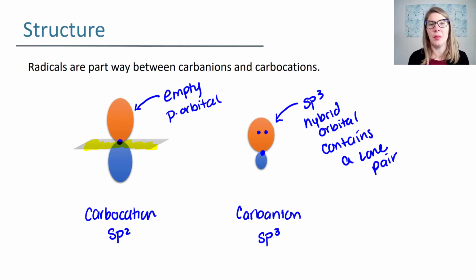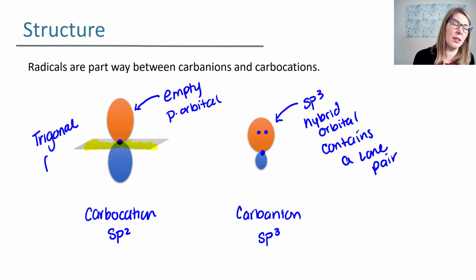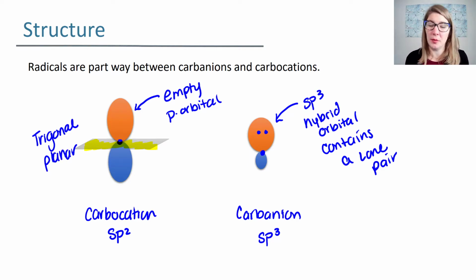Now, because you have something that's sp3 hybridized, you now have a different shape. Right? Instead of trigonal planar like you had over here, this is now going to be trigonal pyramidal.